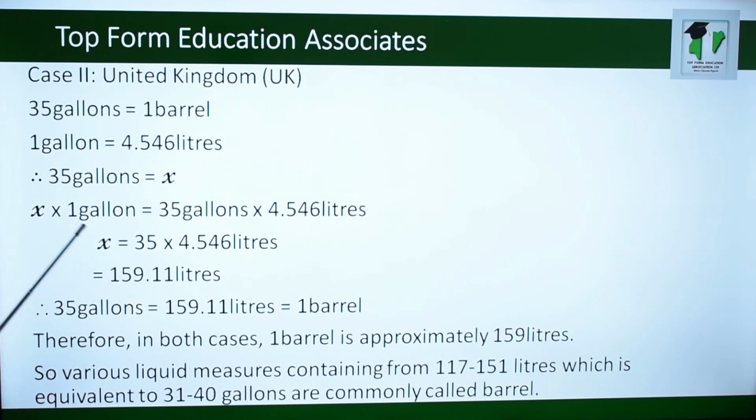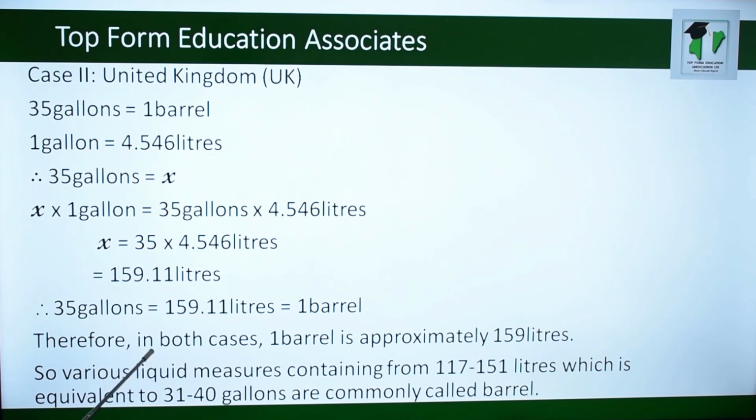You have X times 1, remaining X. 35 times 4.546 liters. And if you multiply through, you have 159.11 liters. So 35 gallons in the United Kingdom equal 159.11 liters, which is equal to what? 1 barrel in the United Kingdom.